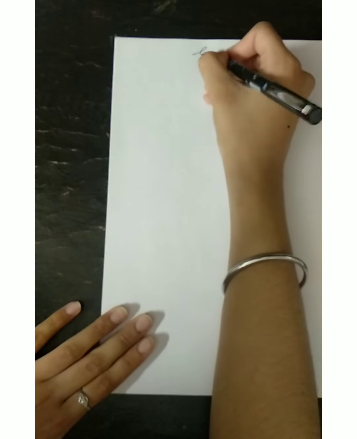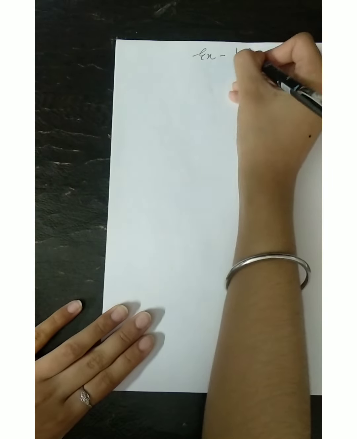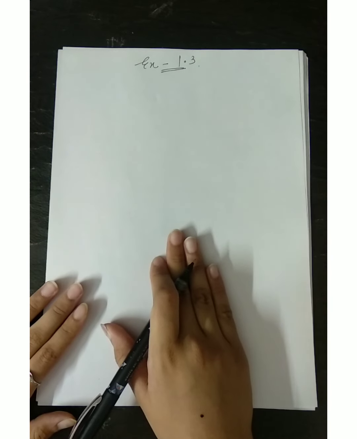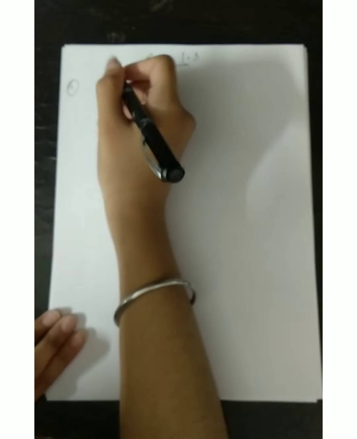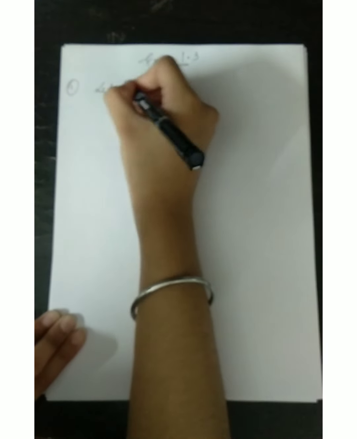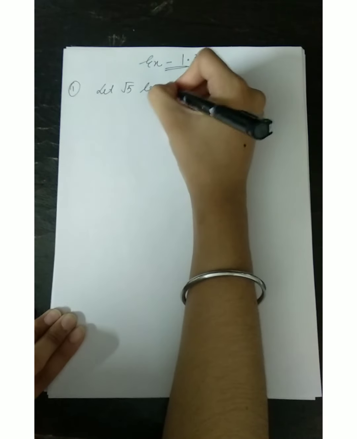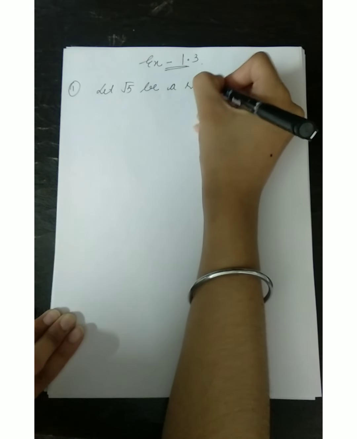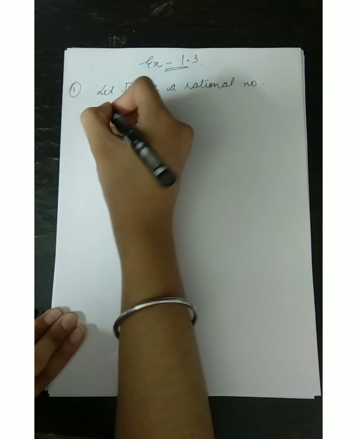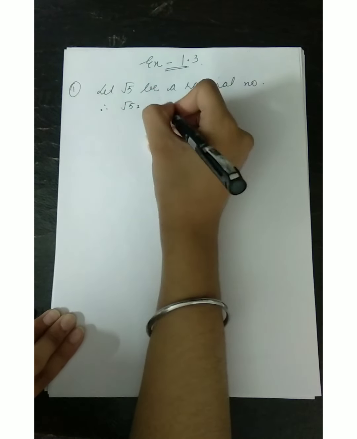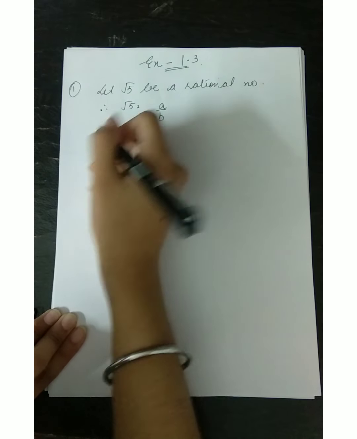Now our exercise 1.3. The first question is prove that root 5 is irrational. For the first question, let root 5 be a rational number. Therefore, root 5 is equal to a upon b.